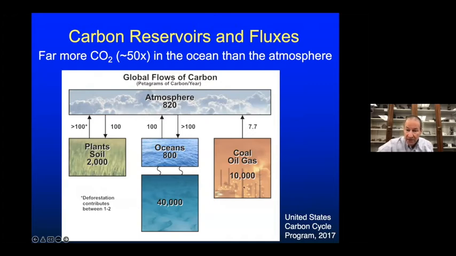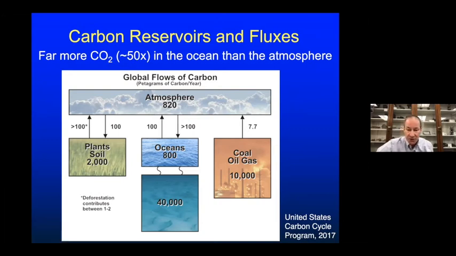Human activity has released carbon from the solid Earth, and so that is currently a significant contributor. But the natural variation is driven over here, and it turns out that the deep ocean is the largest control. There is far more carbon in the ocean than in the atmosphere, 50 times more.